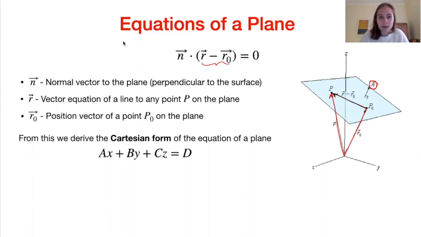So let's make a note of that. R minus R0 is a vector which lies on the plane.